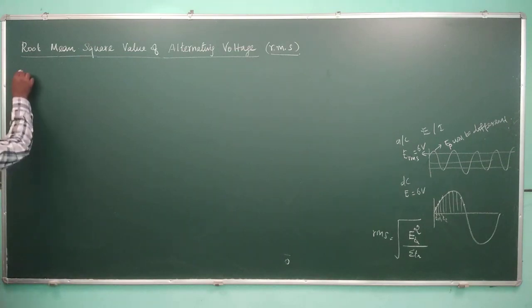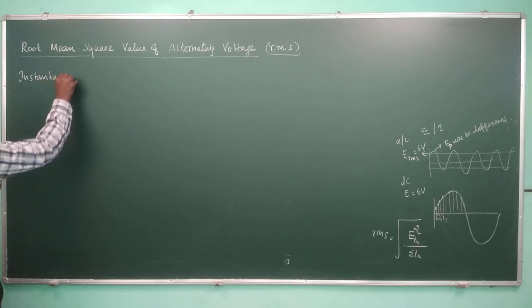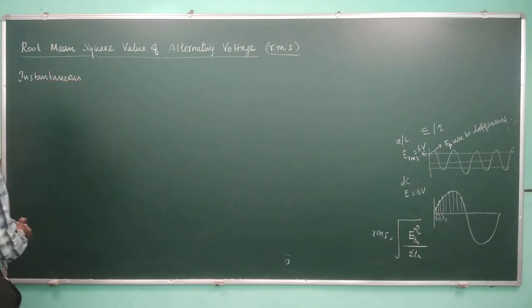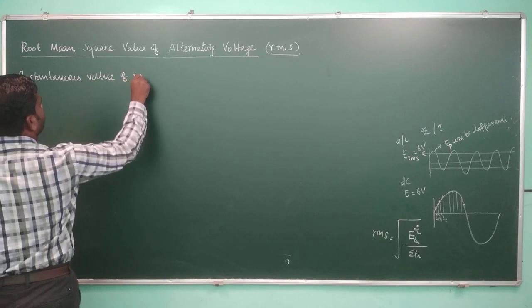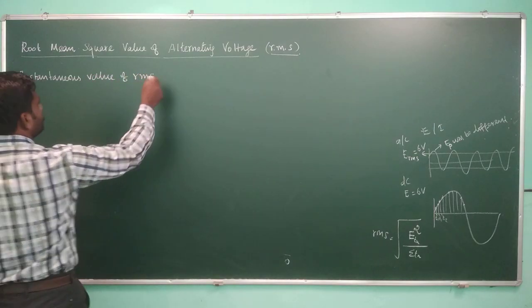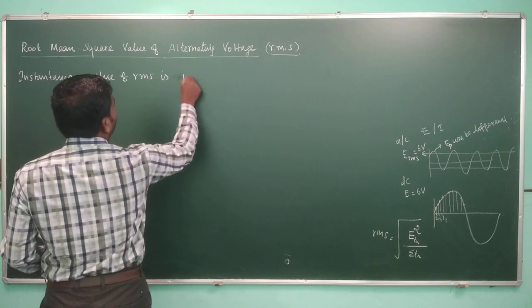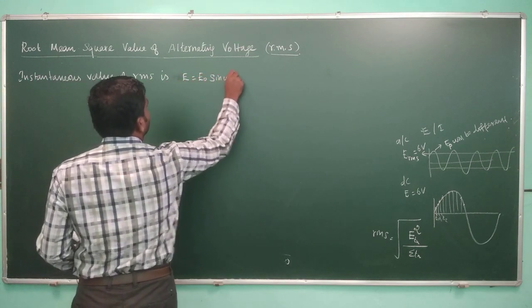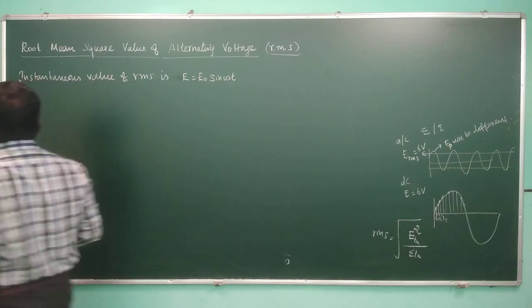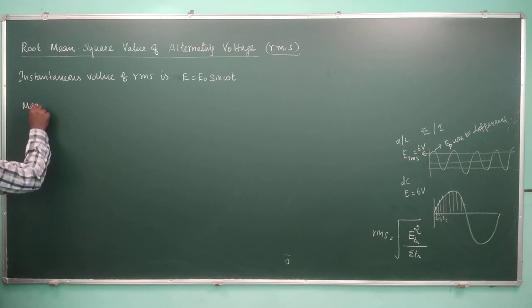See, we have the expression for the instantaneous value, that is E equal to E0 sin omega t, that we already know. Now we need to take the mean square.